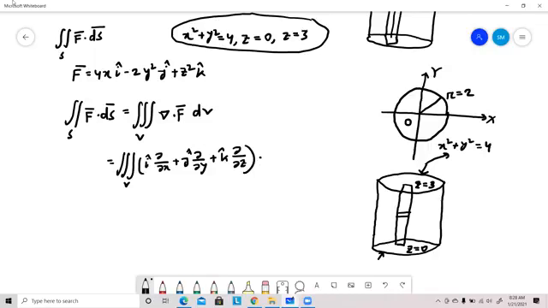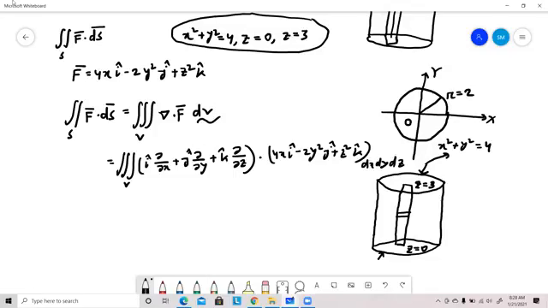Okay, and f is given in the question, which is 4xi minus twice y squared j plus z square k, into dx dy dz, dv, which is dx dy dz.